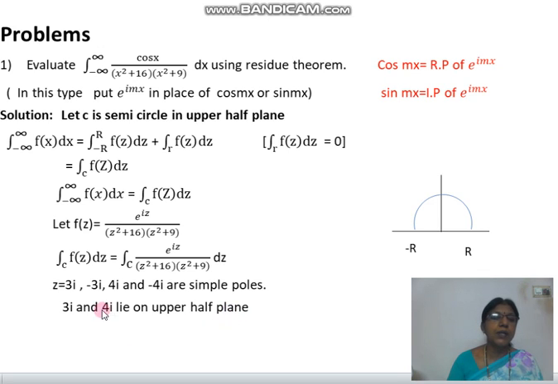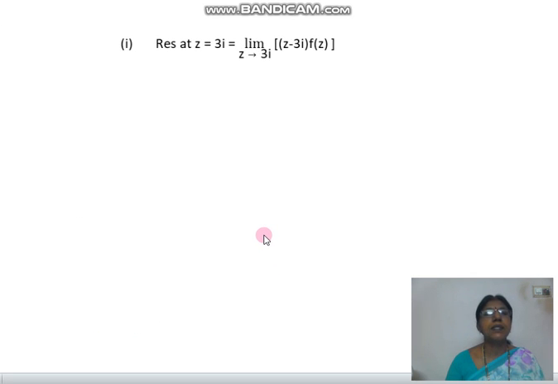Now we are going to find residues at these two poles, so we get two residues, at 3i and at 4i. First, the residue at z is equal to 3i. This is a simple pole. For the residue formula, limit z tends to 3i of z minus 3i into f of z.